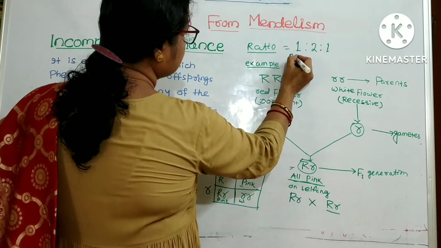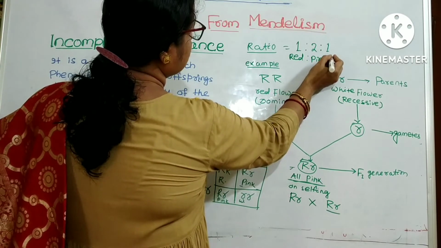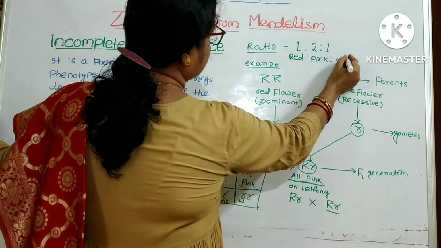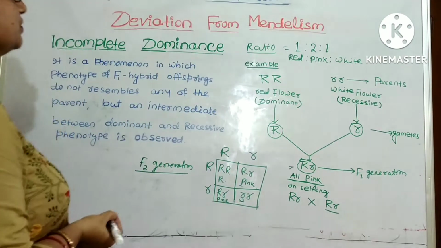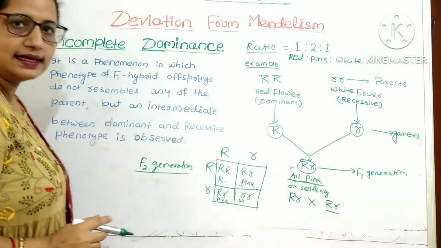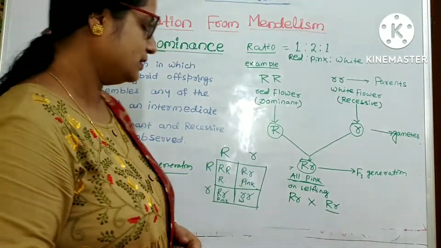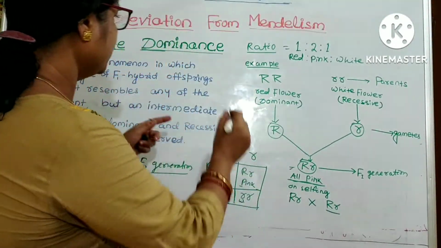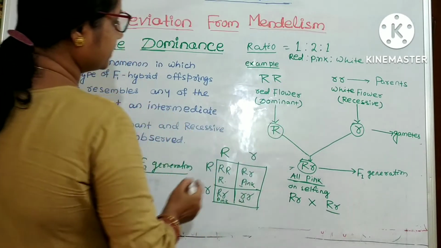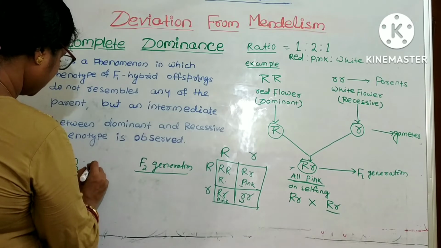Red is to pink is to white, 1:2:1. But according to Mendel, the ratio of a monohybrid cross is 3:1.